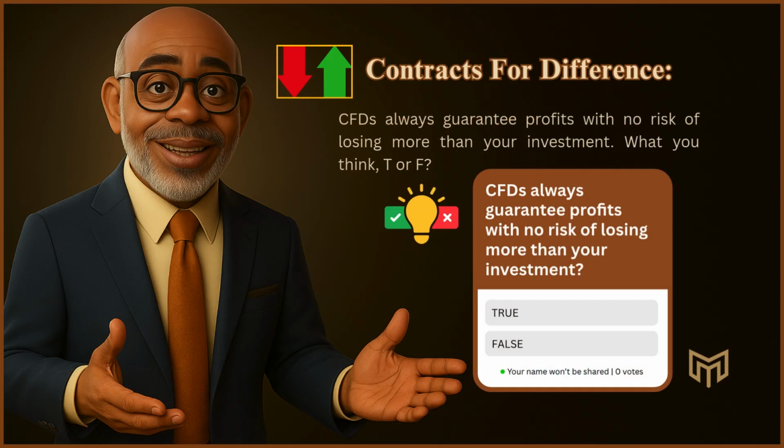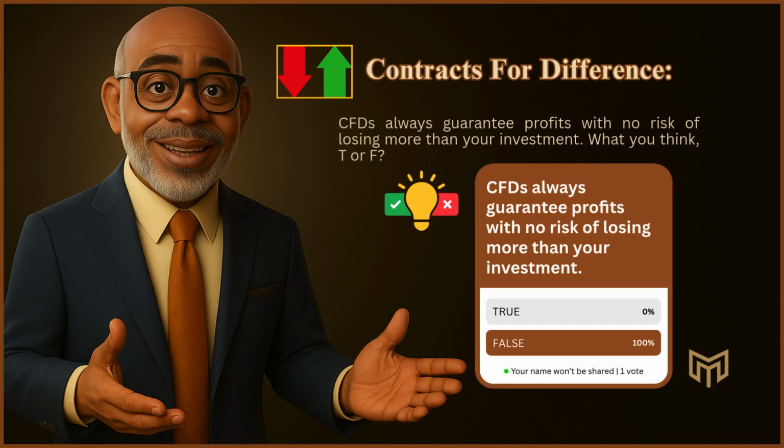Question: true or false? CFDs always guarantee profits with no risk of losing money or losing more than your investment? Lock in your answer. The correct answer is false. CFDs carry significant risk. They can amplify both gains and losses, and you can lose more than your initial investment.